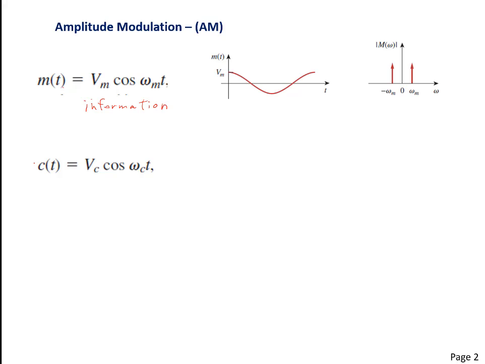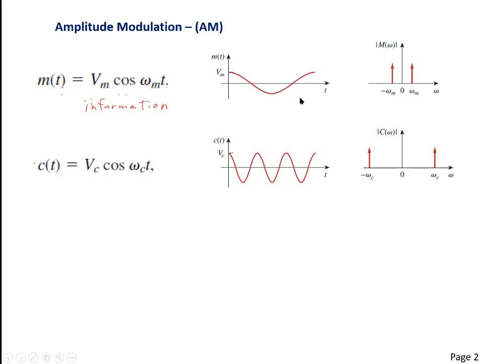The carrier is the signal that's going to carry it from point A to point B. Now notice right away, just visually, I'm not rushing into the math on this, the frequency here is higher than the frequency here, right? The carrier is a higher frequency.